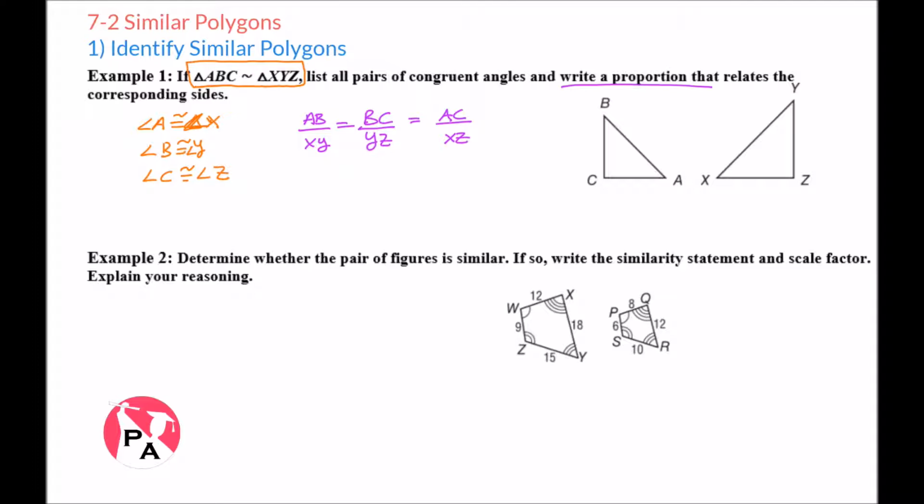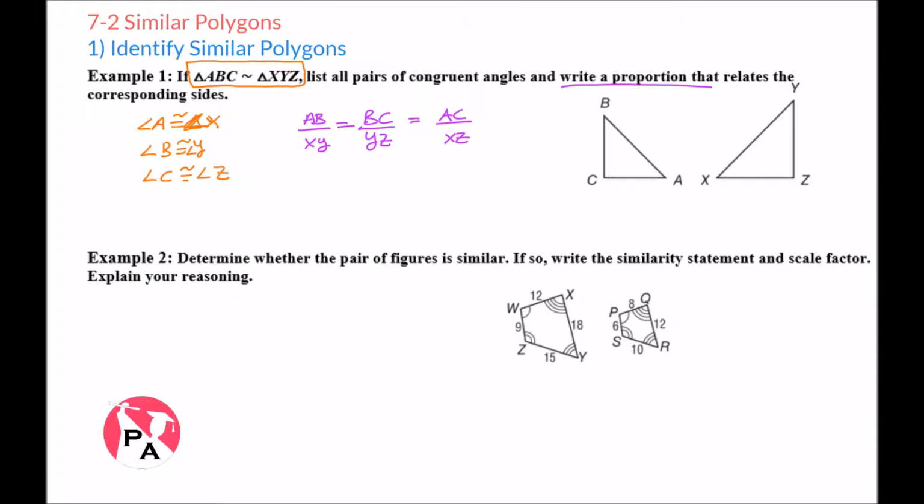They correspond to each other. AC, the first and third letters, and XZ are the first and the third letters. So we are done with this question. This is how we write the congruent angles by looking at the similarity statement, and this is how we write a proportion by looking at the similarity statement. So let's move on to the next example.